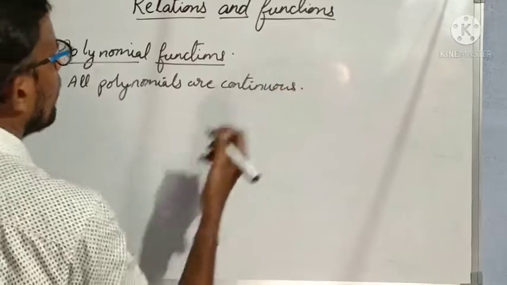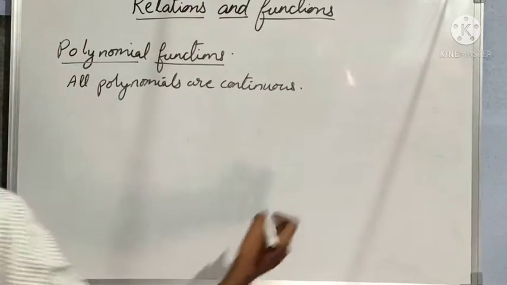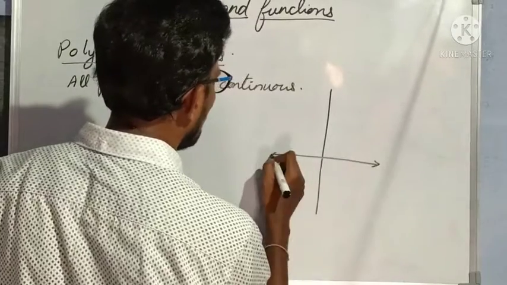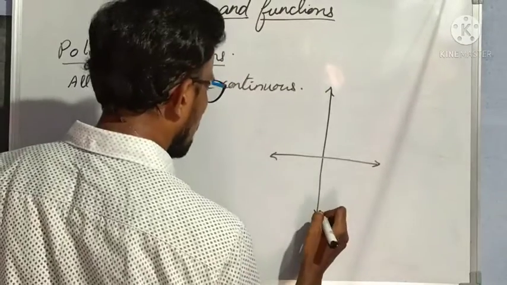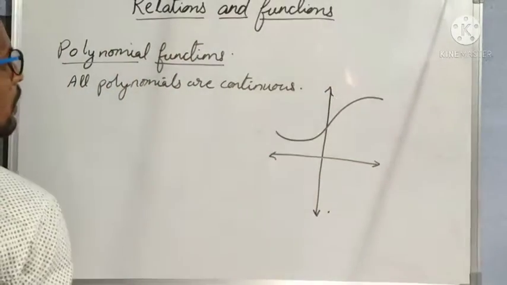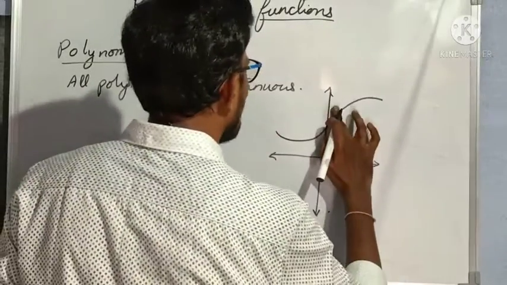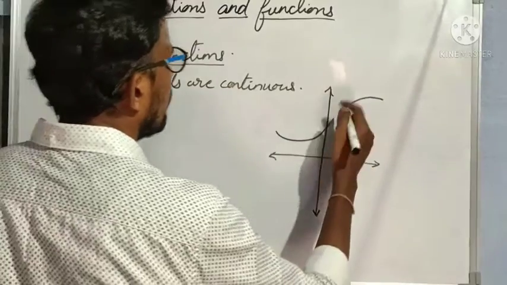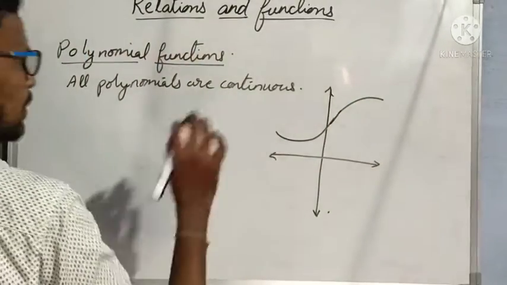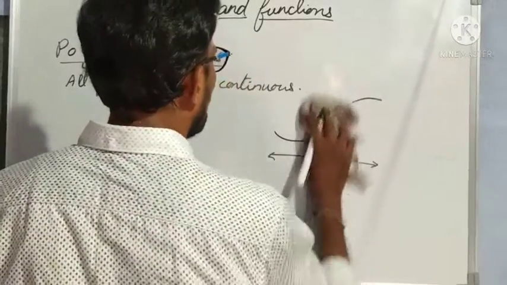I hope everyone knows what continuous is. Whatever graph you take, the curve related to that function will always be continuous like this. Nowhere is it discontinuous. All polynomial functions will always be continuous.